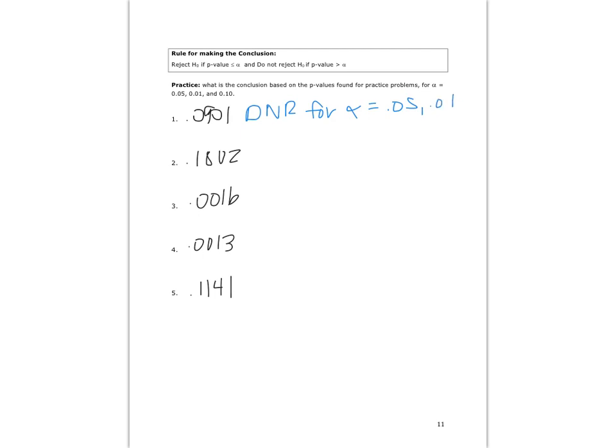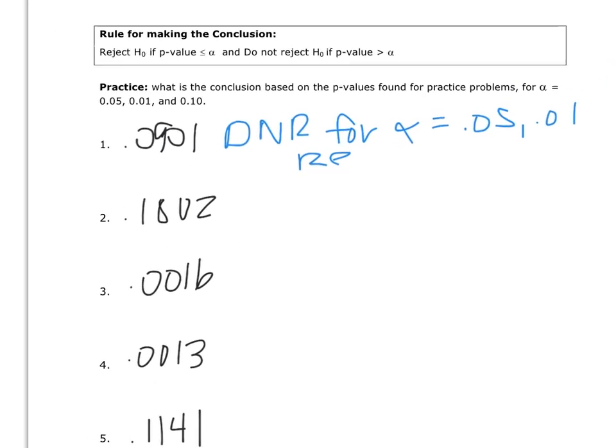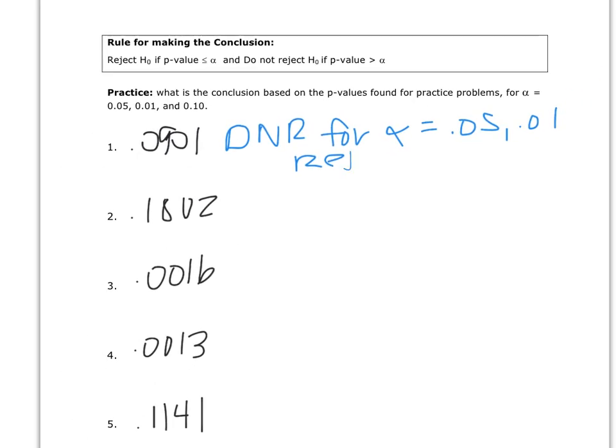All right, but we will reject for alpha equal to 0.1 because it's less than 0.1. It's greater than 0.05, 0.01, so we don't reject, but it's less than 0.1, so we do reject for that level of significance.